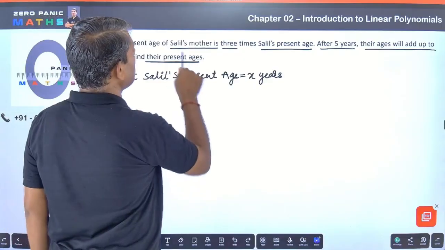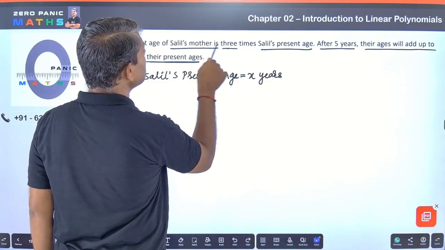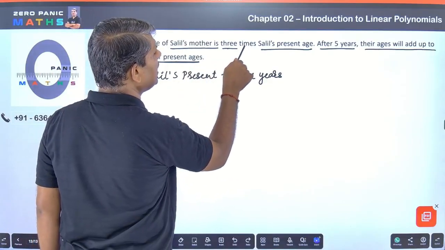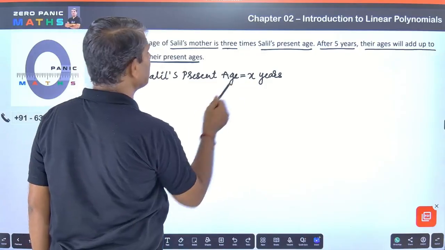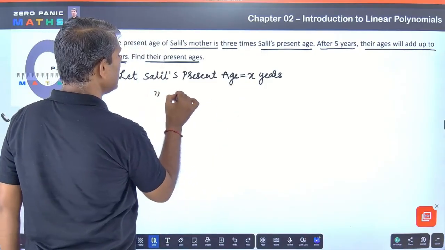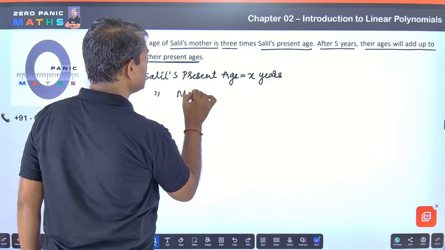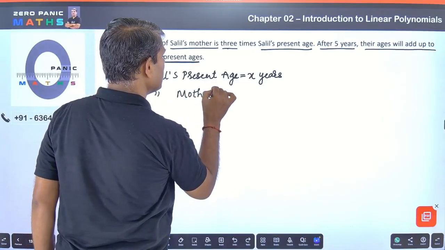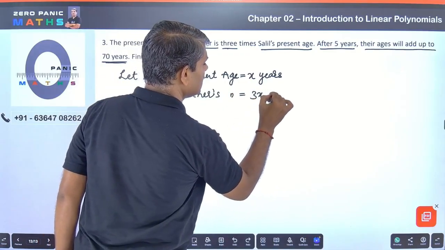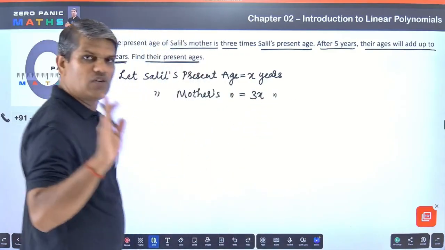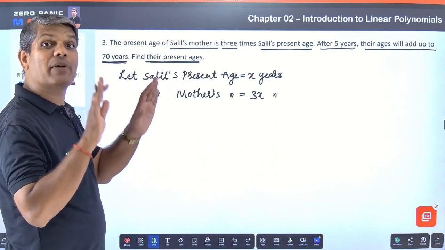And what is given is that Salil's mother's age will be 3 times Salil's present age. Now we are considering the present age as x, so Salil's mother's present age will be 3x years. Correct? You understood this? Okay, these are the present ages.